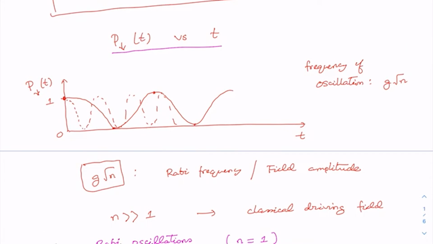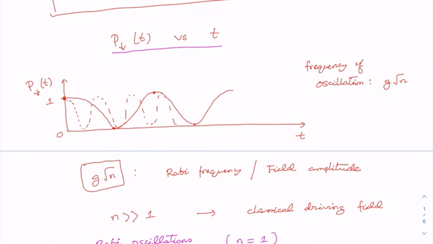And when we plotted it, we saw that the frequency of oscillation is z into square root of n. There are two cases of importance. When the number of quanta in the field is very large, the whole thing mimics the classical case of Rabi oscillation, right? The driving field behaves like a classical driving field.